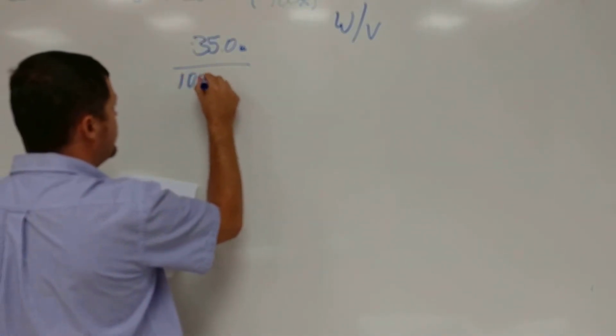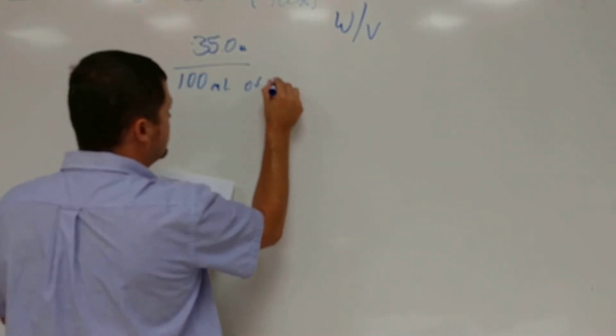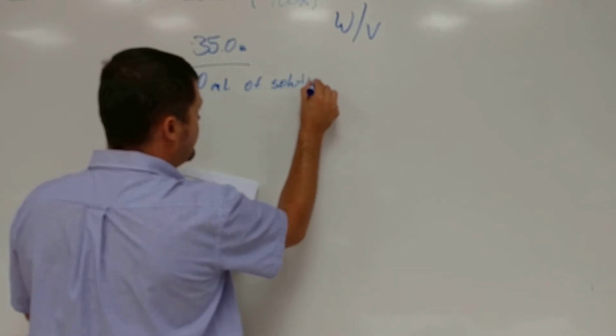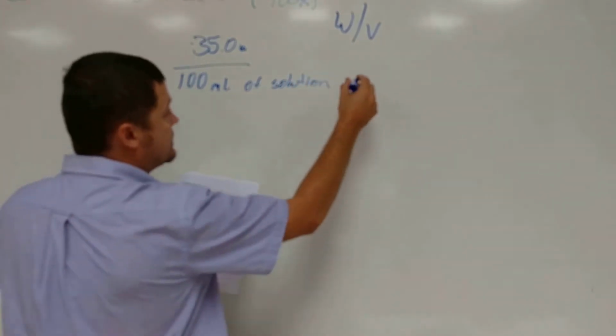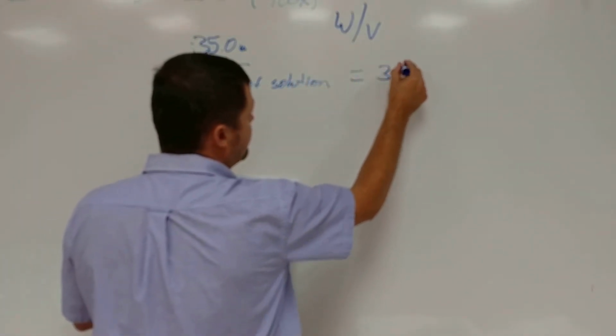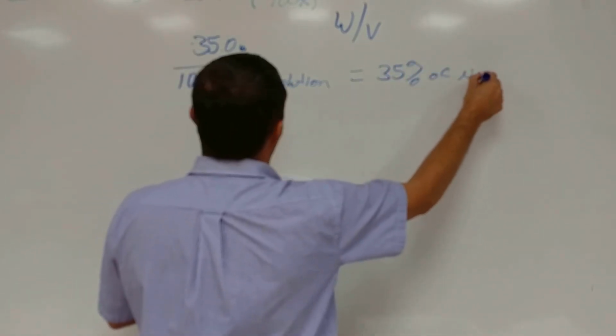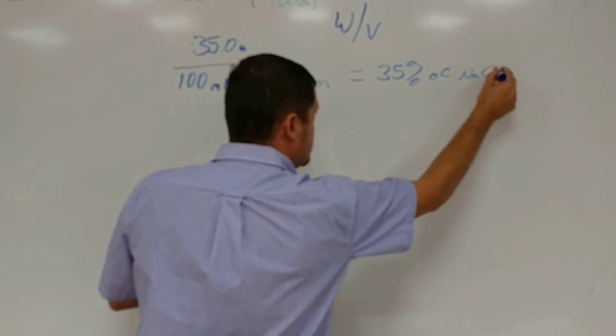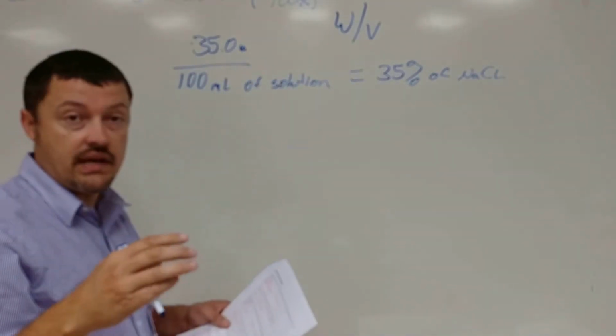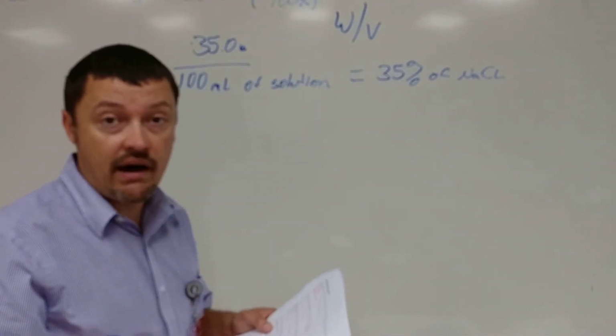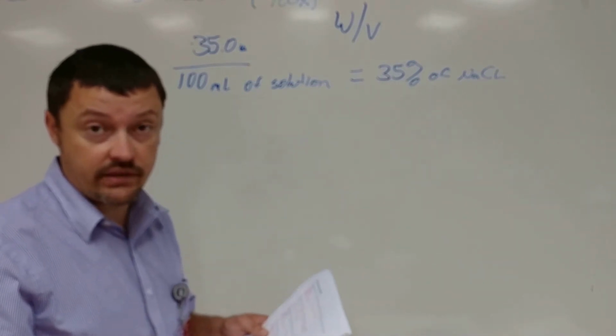So 100 milliliters of solution. Okay, so that's going to leave you with 35% NaCl. So let's ask ourselves, how would we go about finishing off this particular solution?